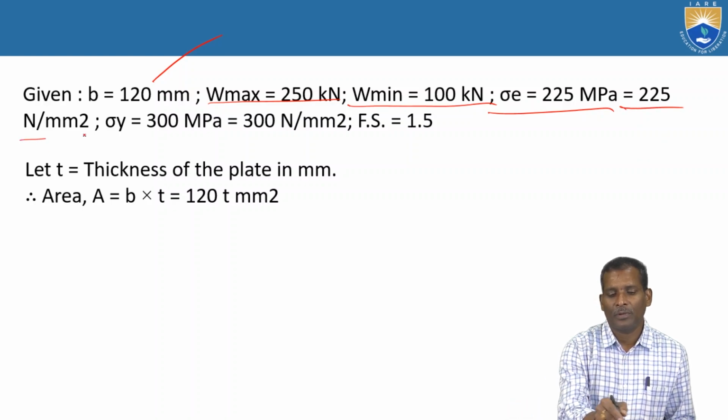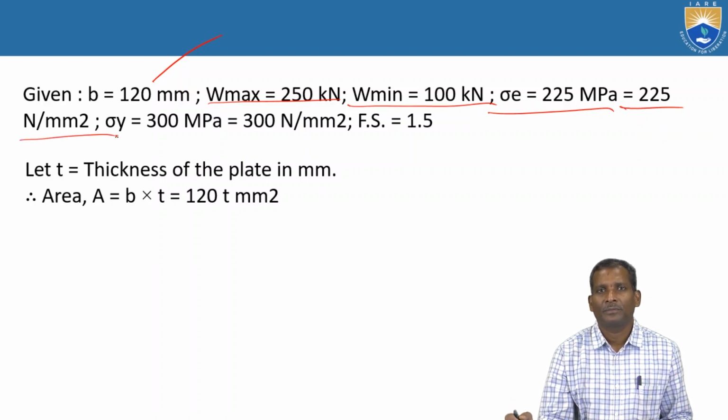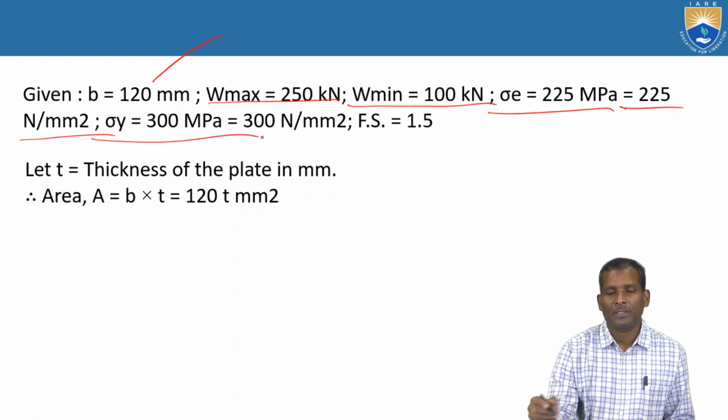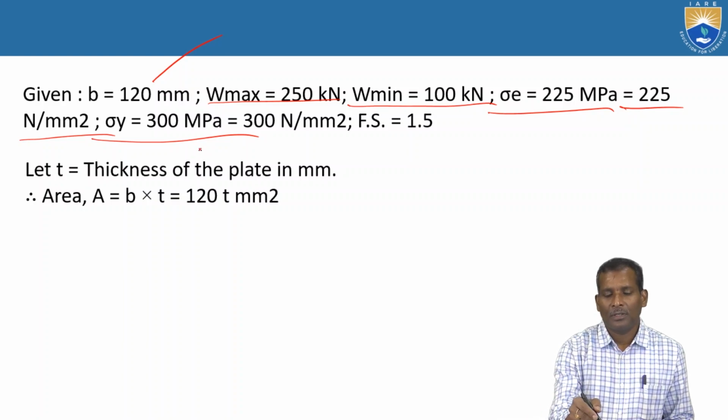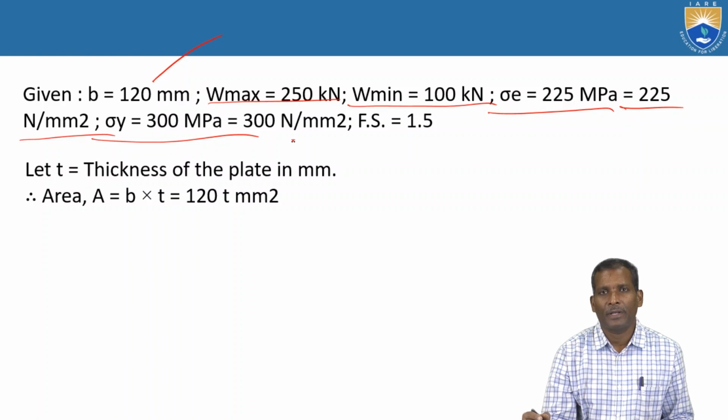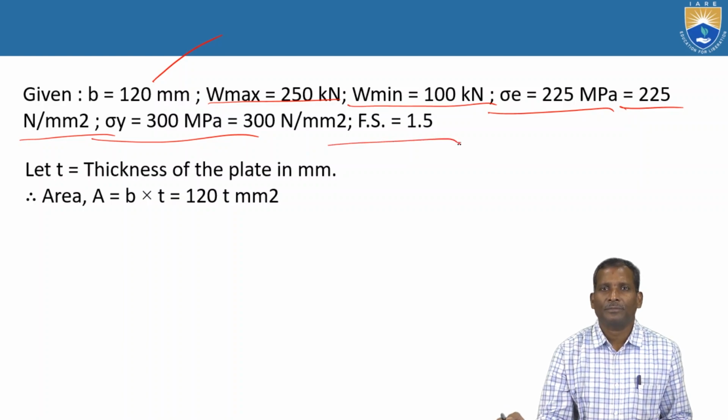This is 225 Newton per mm square. Sigma Y, the yield stress, is 300 megapascal. You can convert into Newton per mm square, since 1 megapascal is equal to 1 Newton per mm square. Factor of safety is 1.5.